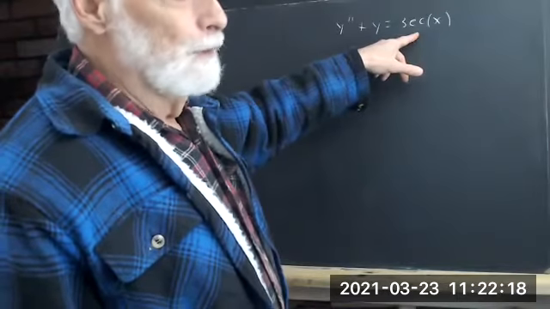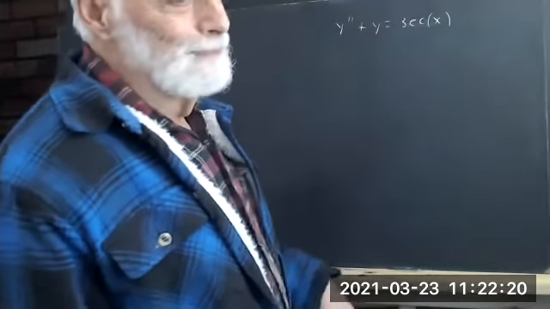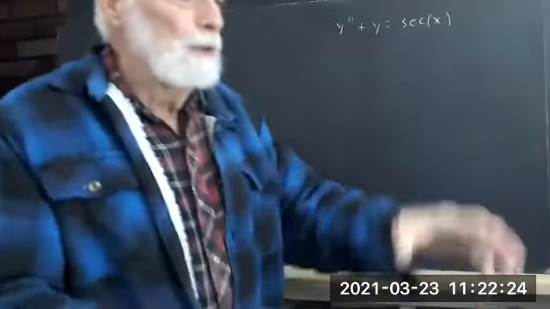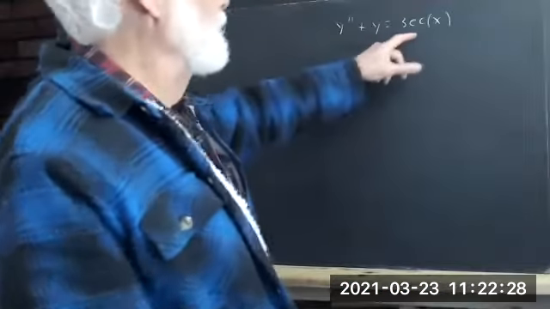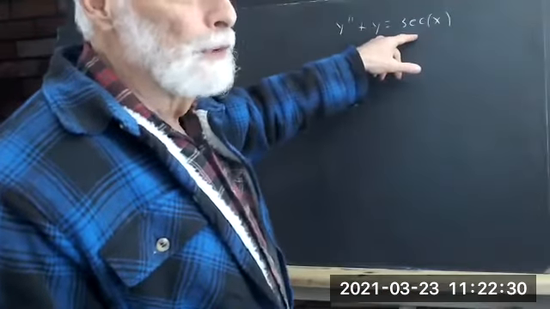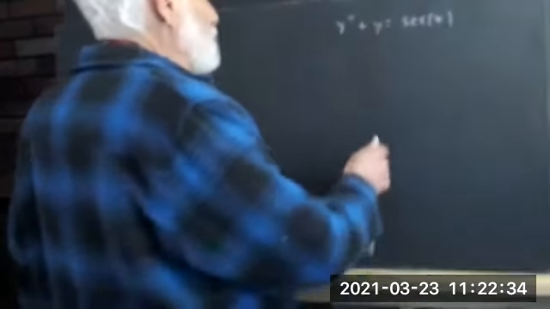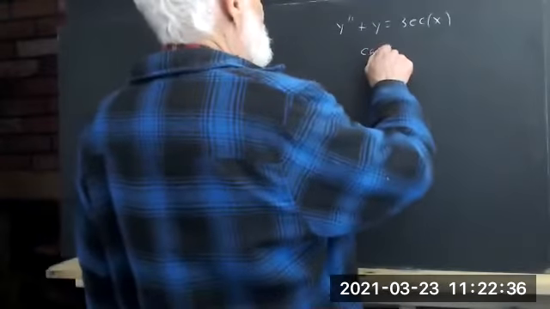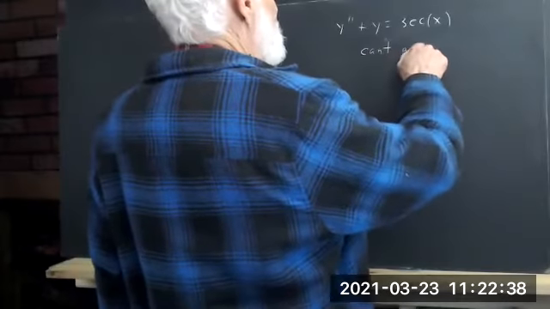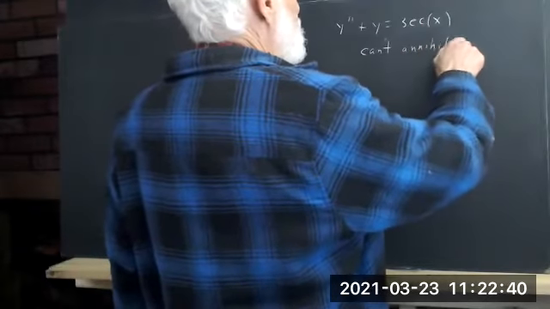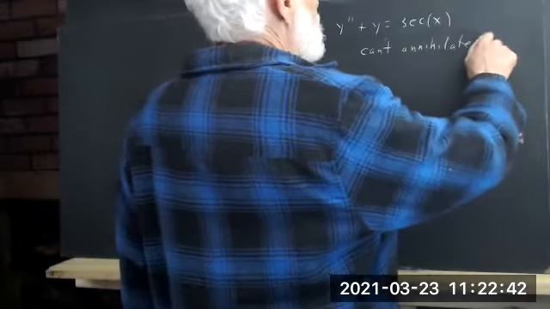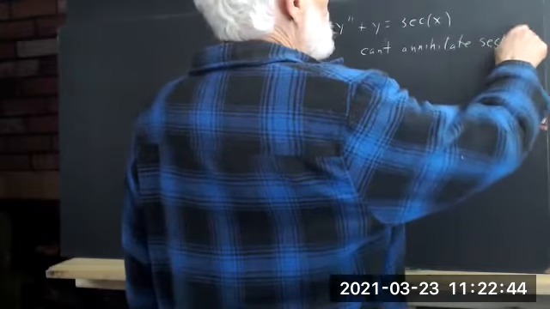The derivative of secant gives you tangents and secants, then product rules, and as you take higher and higher derivatives it gets worse and worse, and you never get 0. So you can't annihilate secant of x.